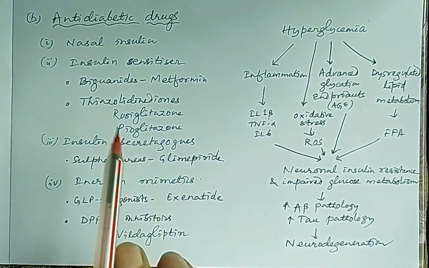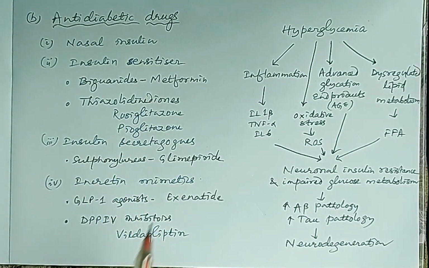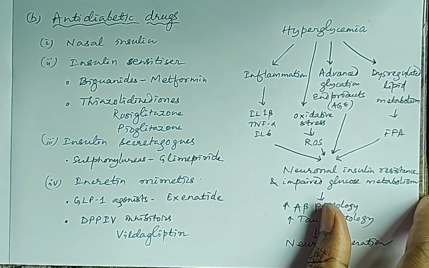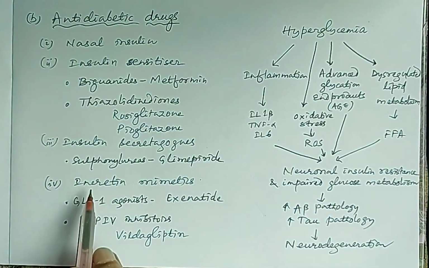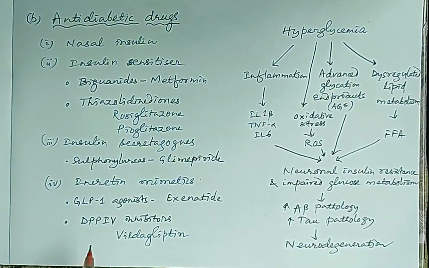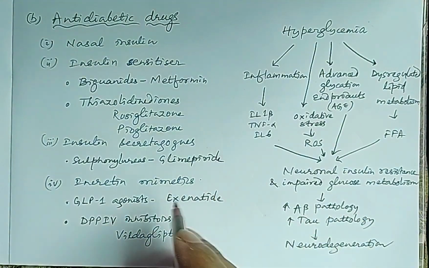All these anti-diabetic drugs are nowadays repurposed for use against Alzheimer's disease. For the role of incretins, you can refer to our earlier videos on incretin mimetics related to diabetes.